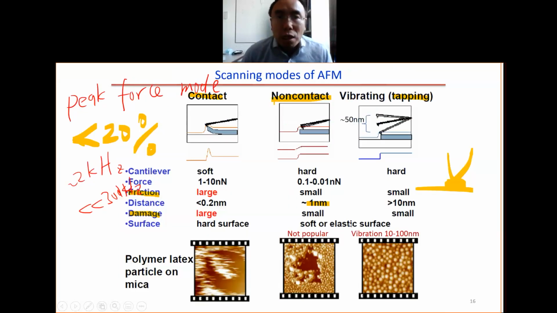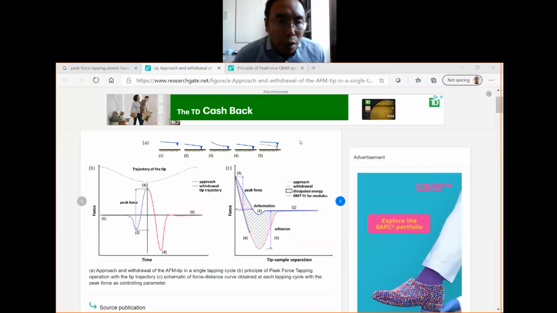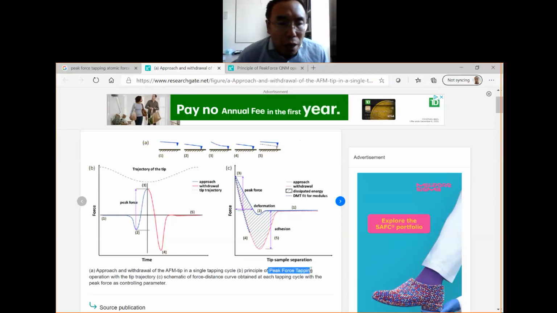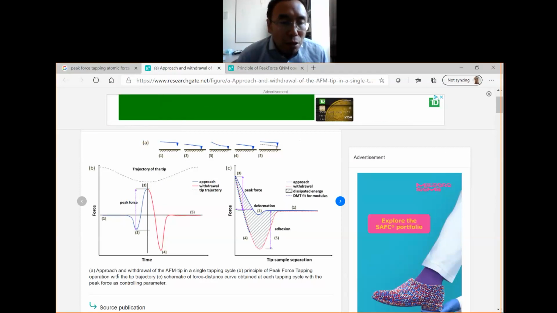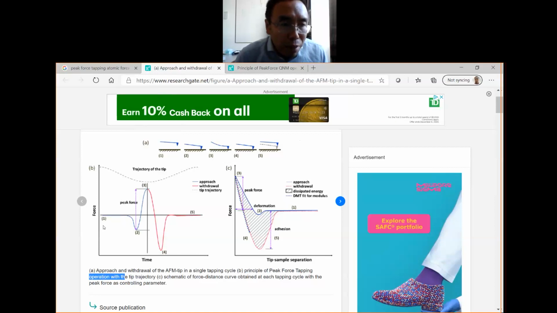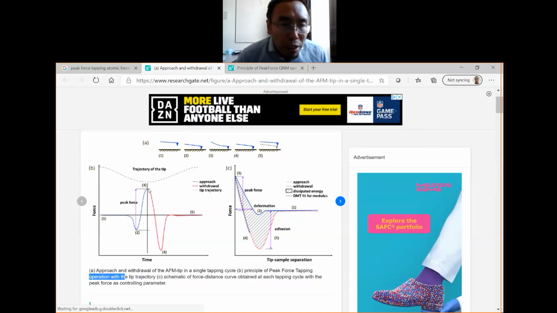I can show you more from the internet. This shows the principle of the peak force tapping operation. You can see here, this is the force. Effectively, you poke the surface, then you have this curve. This is the first curve as we have seen. Then you withdraw, and you get another curve. The maximum force here is the peak force.